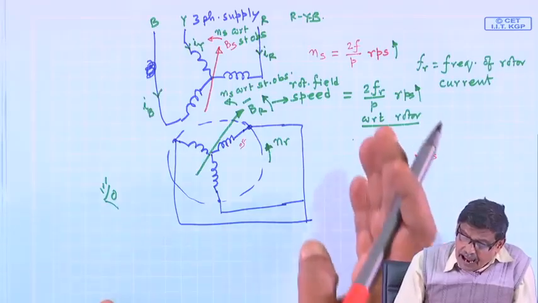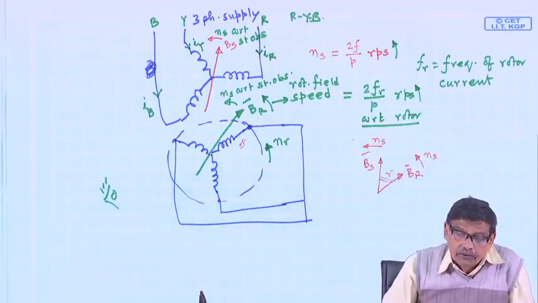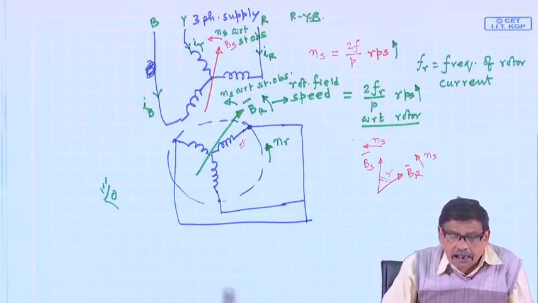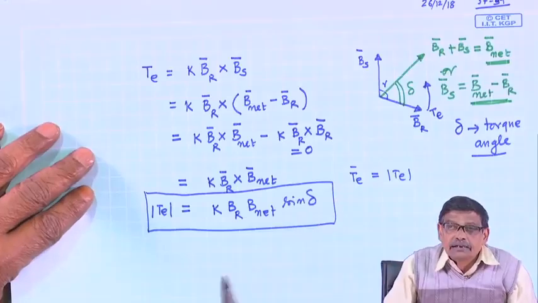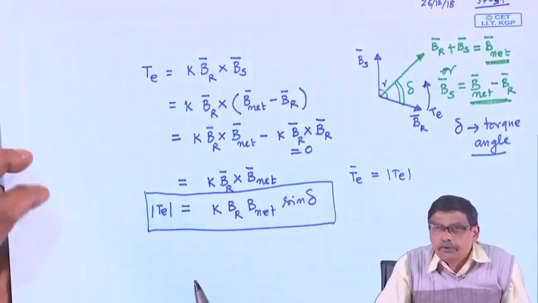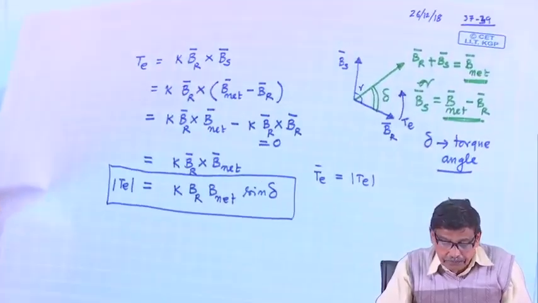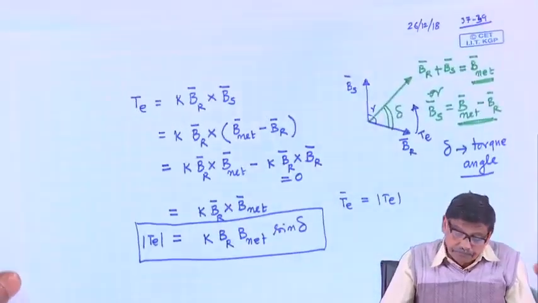But I will add them and get the net field, and I will concentrate upon Br and B net, and involve delta to indicate how much torque will be produced. That is the whole idea. Is that point clear? If that is clear, then let us see what is going to happen.